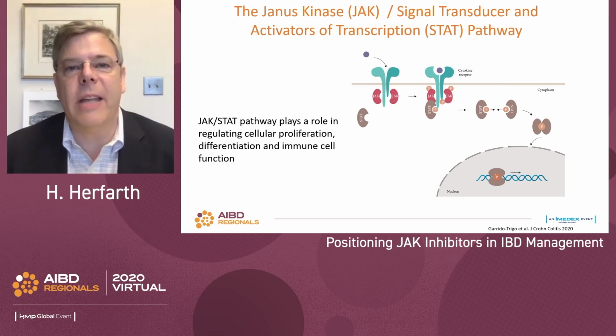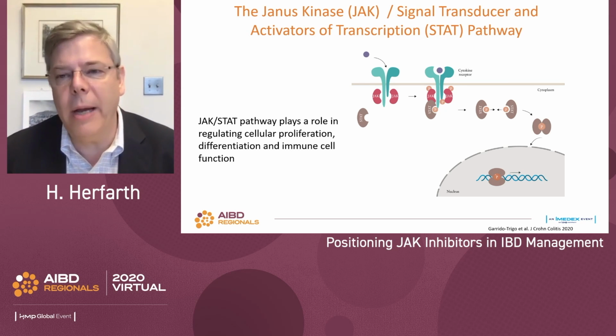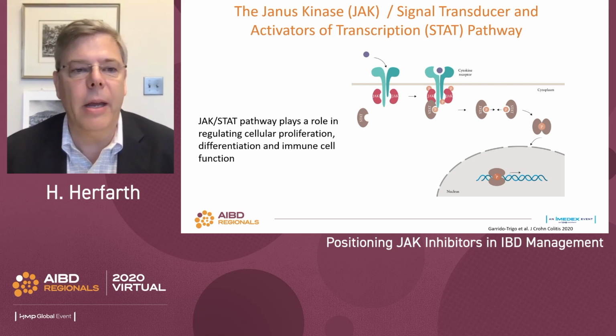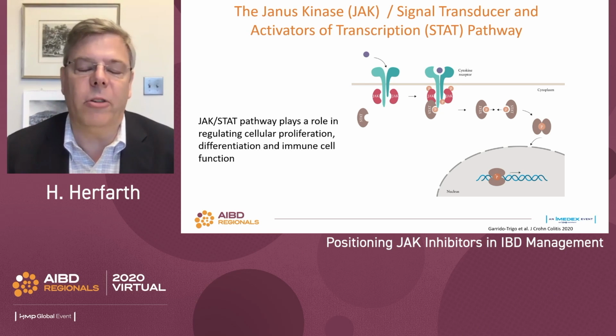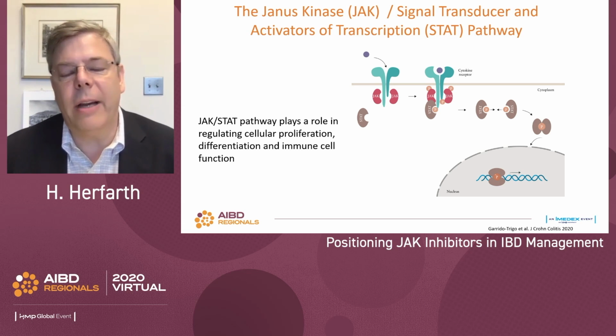First, the JAK-STAT pathway. It's quite an important pathway in our body. It plays a role in regulating cellular proliferation, differentiation, and immune cell function. It's quite simple on this chart, but I'll show you later on it's a little bit more complicated. If a cytokine binds to the cytokine receptor, JAK is activated by phosphorylation and then activates STAT.